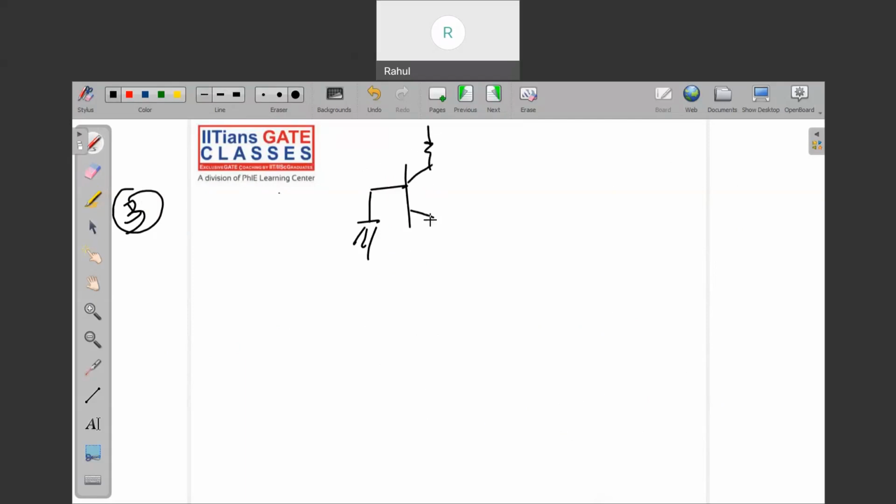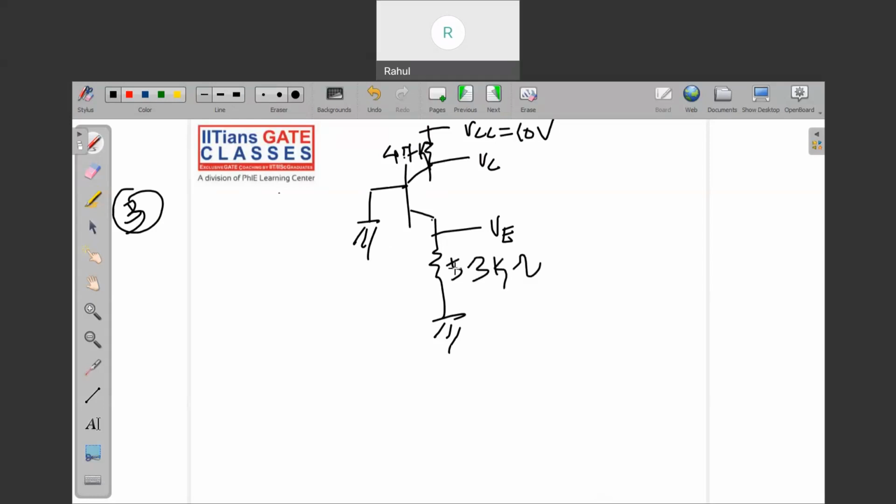This is VE and this is VC, and this is VCC, that is 10 volt, and this is 4.7 K, your RC is given, and RE is 3.3 K. What this time I have done here is, the base is grounded.